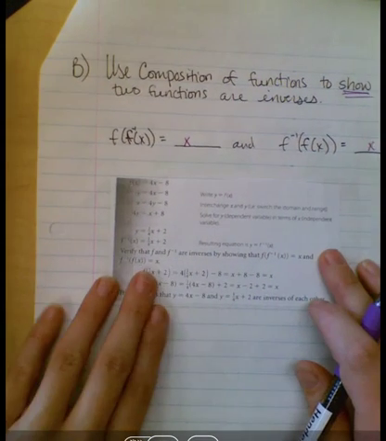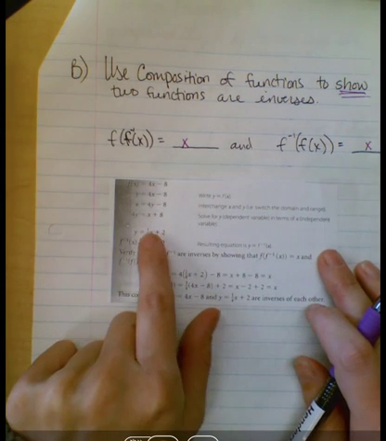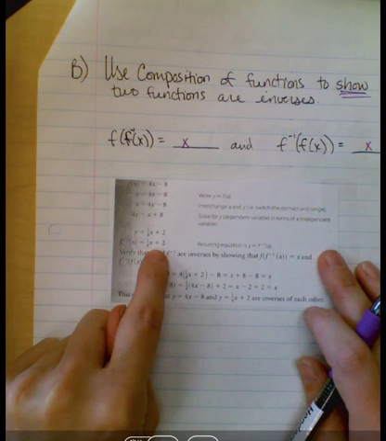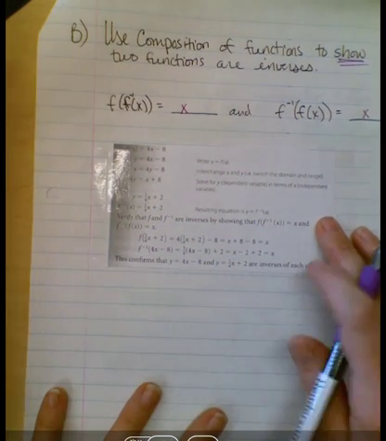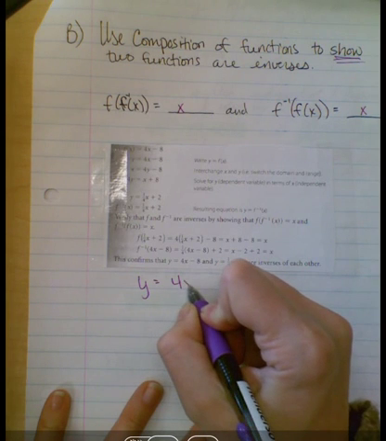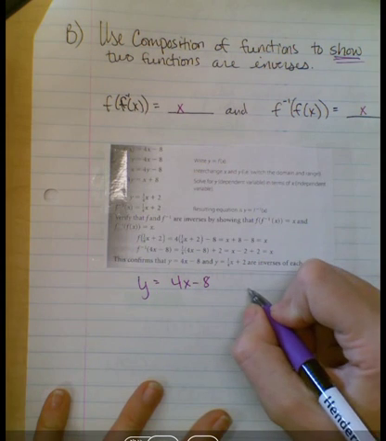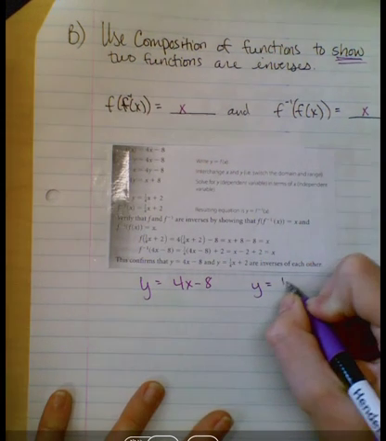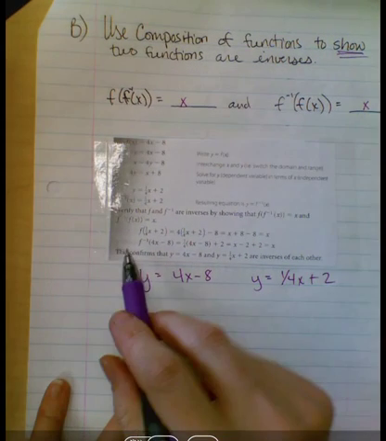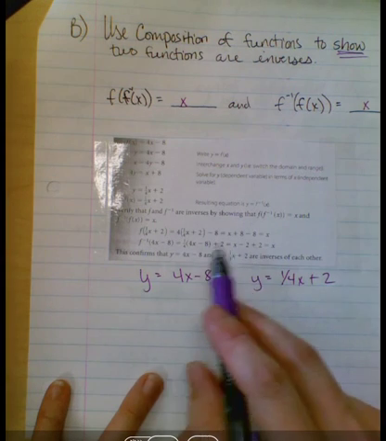So when you look through the notes here, you can see they've got a problem worked out for you where they have an original f of x and they determine the inverse. And then they verify that y equals 4x minus 8 and y equals 1/4 x plus 2 are inverses by doing a composition of functions.